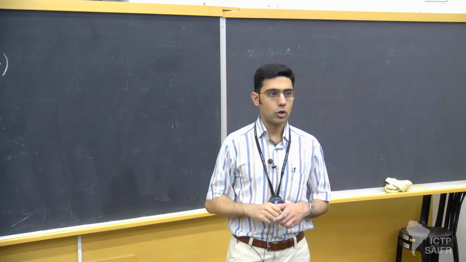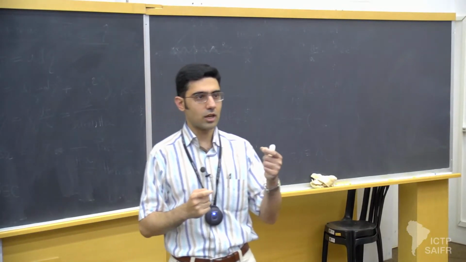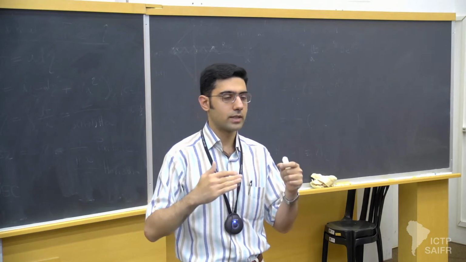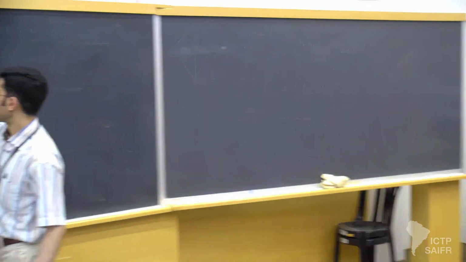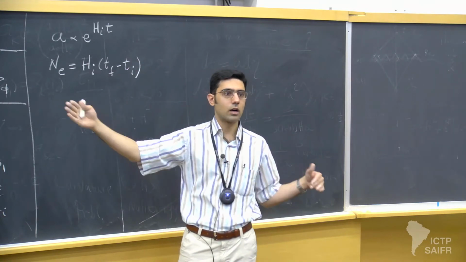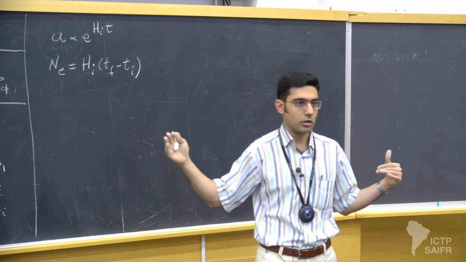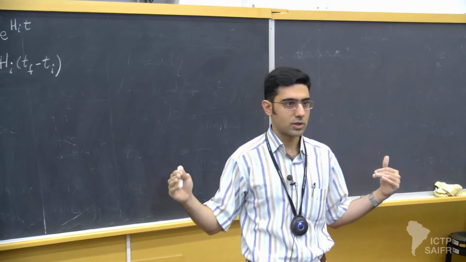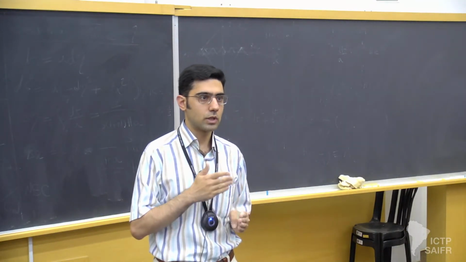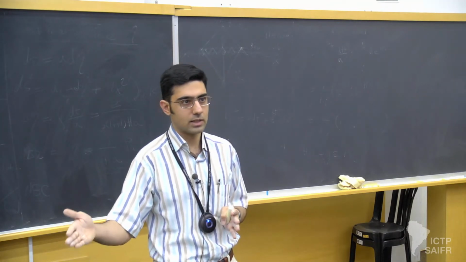But no one fixes t_I and t_F for us. So you can have a lower scale of inflation, which means that H_I is lower, but have it last for a larger value of t, and then you get a larger number of E-folds. So there is no direct connection between the number of E-folds and the scale of inflation.